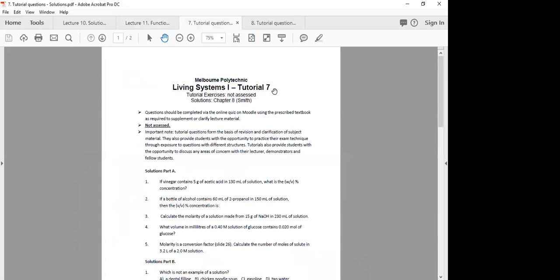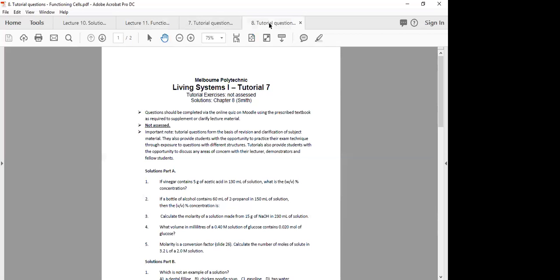All right, so this week's tutorial questions. Now you can complete tutorial 7 on solutions, not assessed, but as you know, very important nevertheless. Some more practice for you, so make sure that you go through these calculations. And remember, you can check your answers through the non-assessed online quiz, which doesn't close.